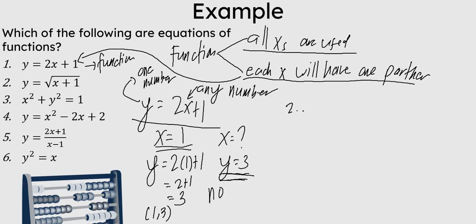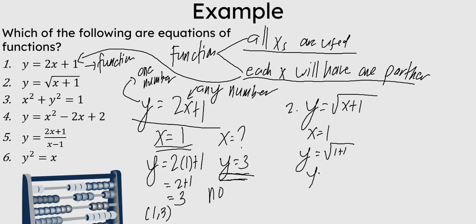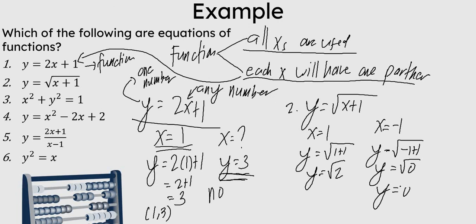How about number 2? y is equal to the square root of x plus 1. If I put here x equals 1, then y would just be equal to the square root of 1 plus 1, which would be the square root of 2. And if I put x equals negative 1, y would be the square root of 1 plus negative 1, which is the square root of 0, which is just 0.